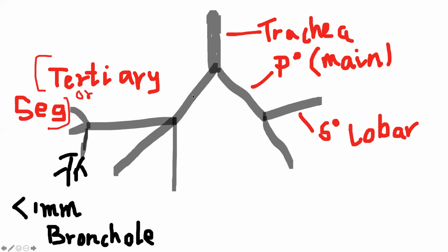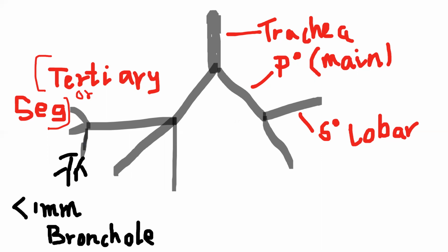That means the right main bronchus will split into 3 secondary bronchi: one for the upper lobe, one for the middle lobe, and one for the inferior lobe. The same thing on the left: the left main or primary bronchus divides into one for the upper lobe, which we call a secondary or lobar bronchus, and another one for the inferior lobe, also a secondary or lobar bronchus.